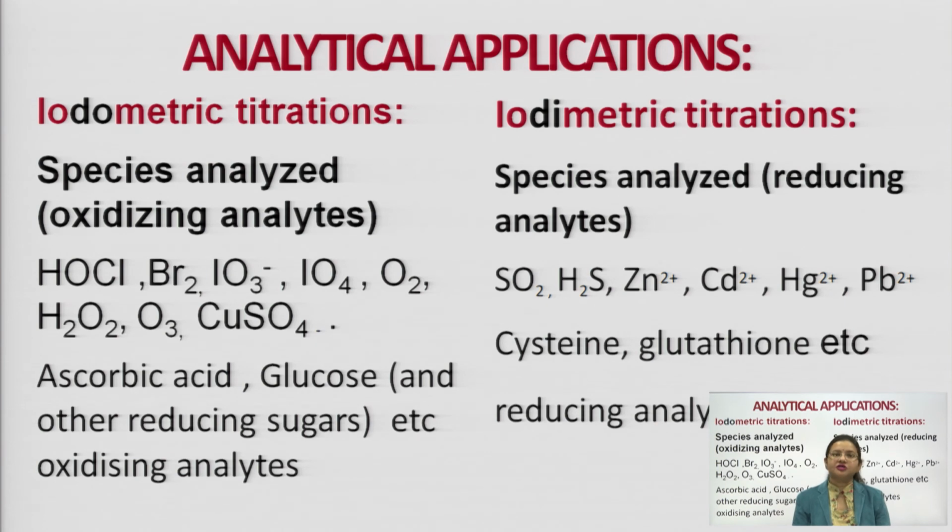In iodimetric titration, all the reducing agents will behave as good reactants. All the reducing agents, why so? Because all the reducing agents will react. It is a direct, single step reaction, iodimetry. They will react with the iodine solution and convert all the iodine to iodide ion.